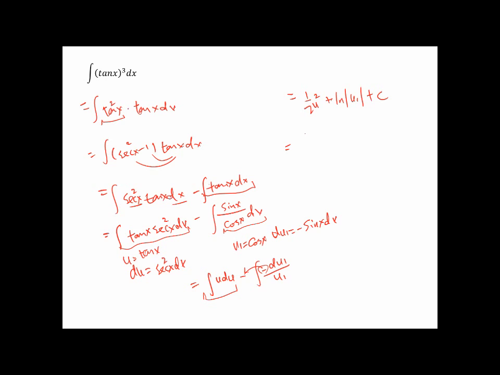So this is 1/2 tangent x squared plus natural log of cosine x, plus c. So this is my answer. I use the same method, the same formula.